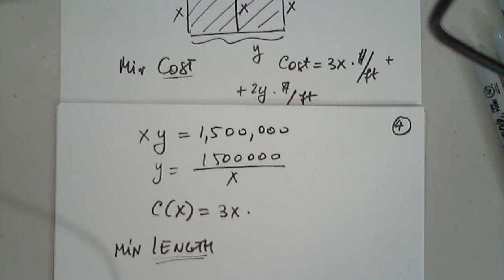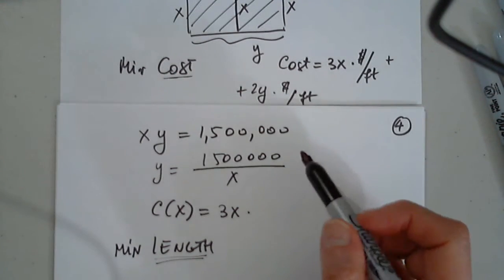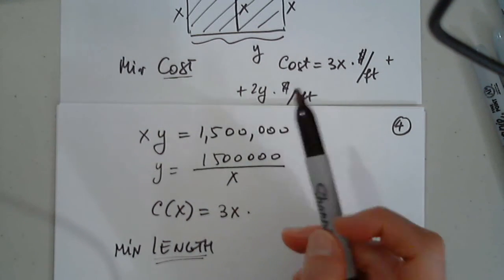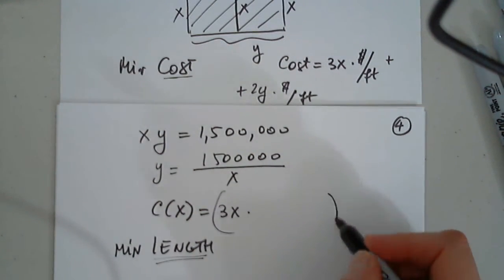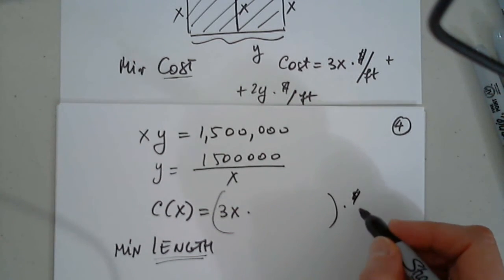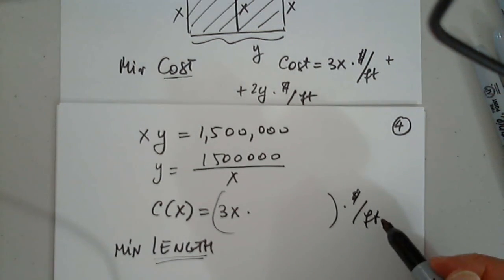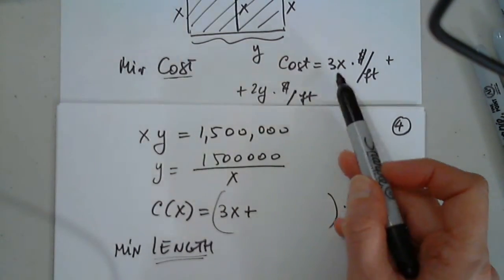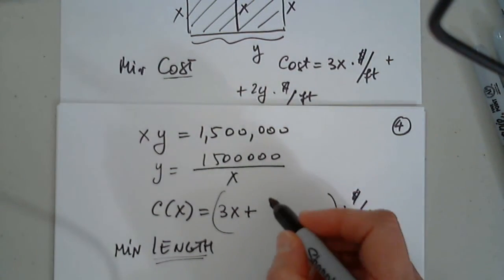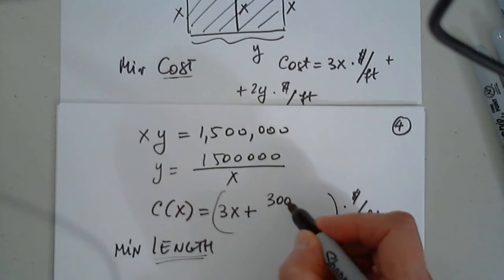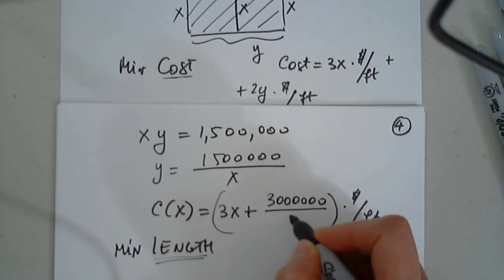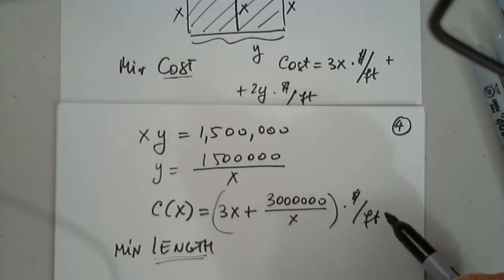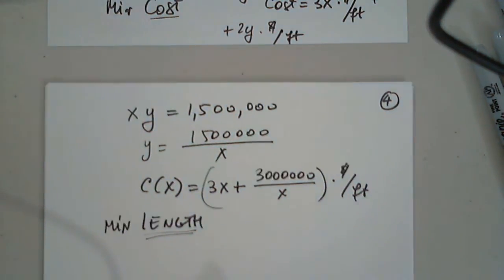So I'm going to stop sharing. Coming back to what we have here, this is going to be times whatever per foot, which we don't have. So this is 3x and then plus 2 times y, so this is 3 million divided by x. This really doesn't matter, to be exact, right?